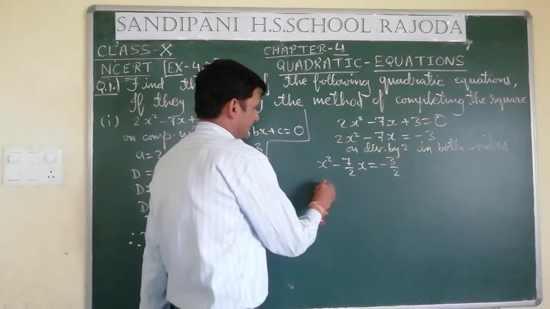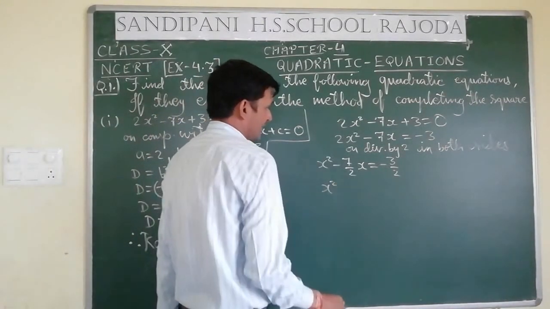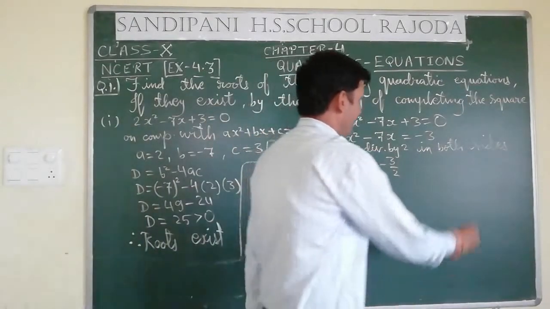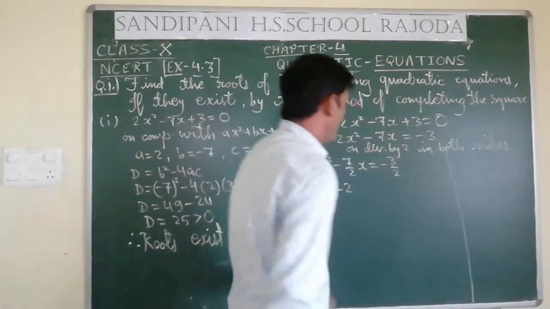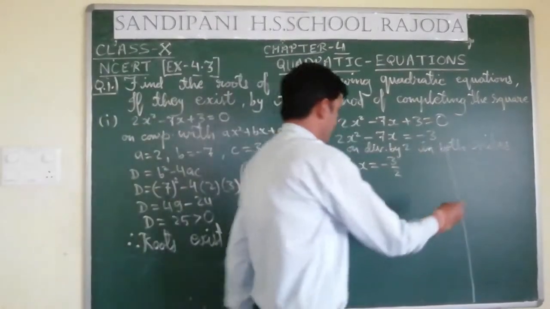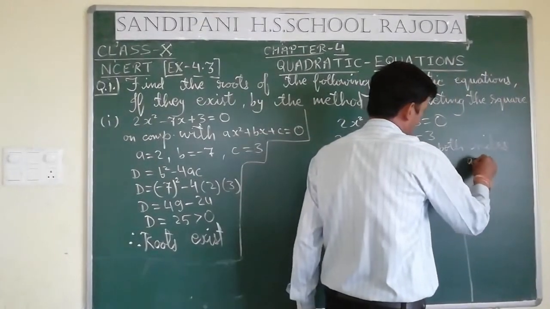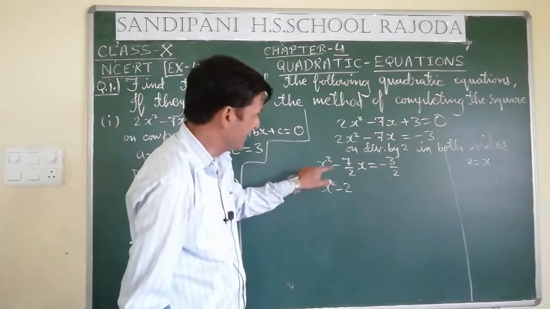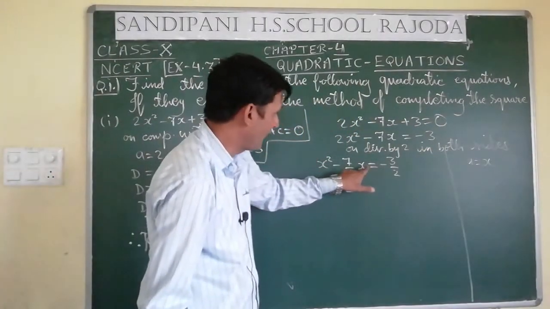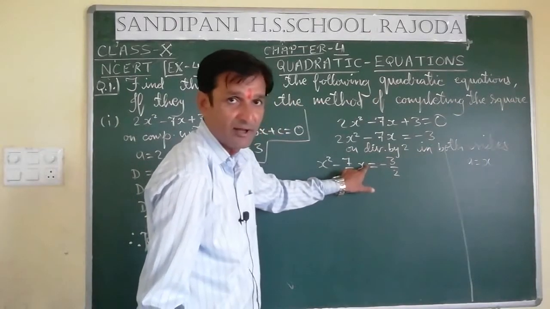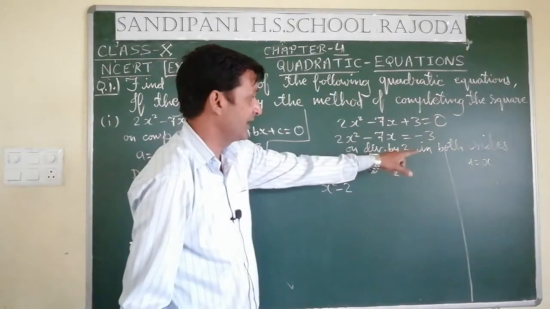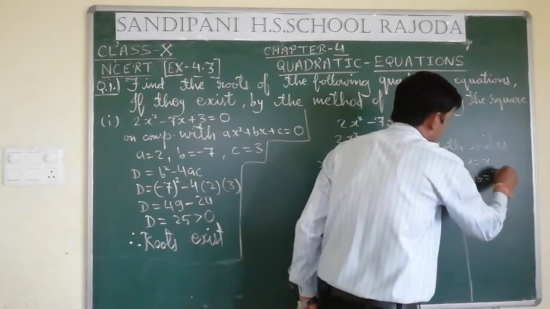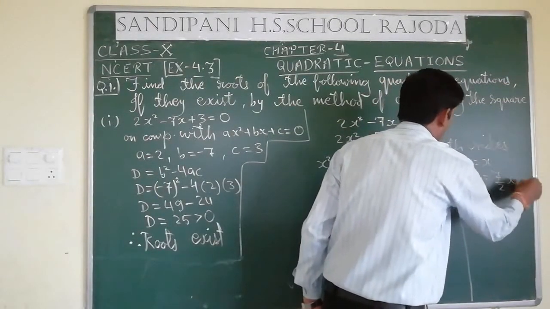Now x square minus 2 into what will happen? Let us check. What you have to do here? 2ab. a is equal to x here. It is clearly mentioned because it is the x square term. It is a complete square. We have to find another value here. What is the value of b? For making it, we have to take 2ab is equal to 7 by 2 x.